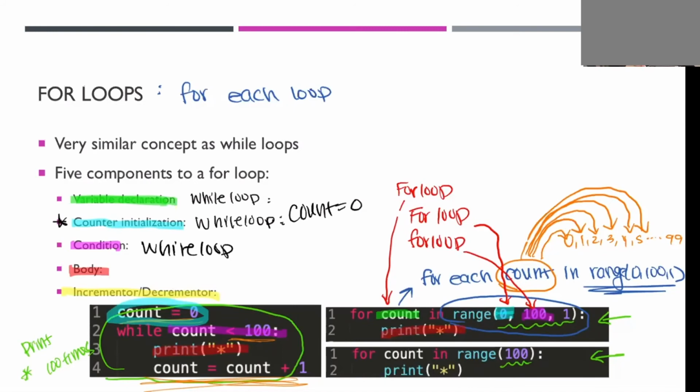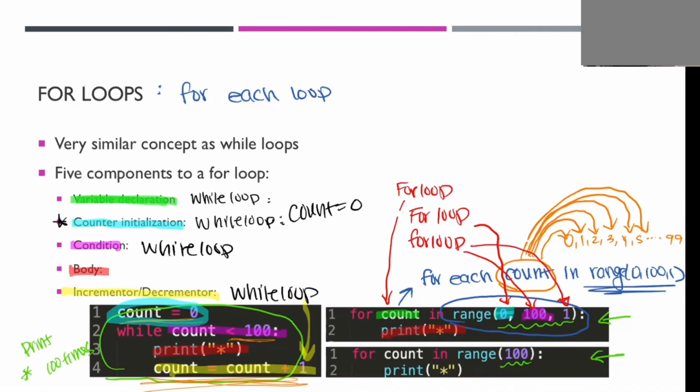It's pretty definitive for the while loop, it's this thing right here, whereas for the for loop, it is that step size from before.